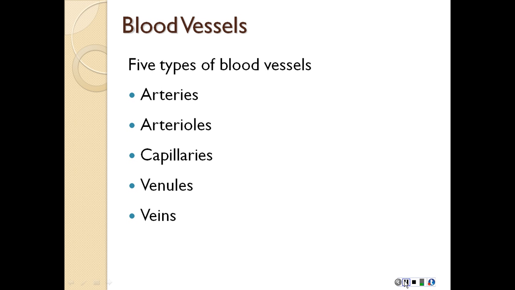The other is because of their gas content. So arterioles are oxygen rich, whereas venules are CO2 rich. So arterioles are tiny arteries that deliver oxygenated blood to the capillaries.